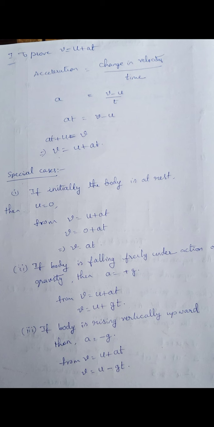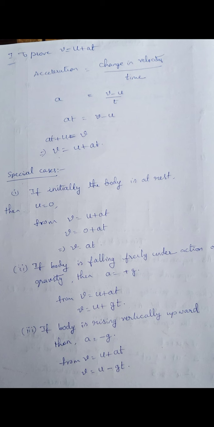Then the special cases: if initially the body is at rest, then initial velocity u is equal to 0. Then from the first equation, v is equal to u plus at, substitute u as 0, then v is equal to at. Then if the body is falling freely under acceleration due to gravity, then a is positive g.